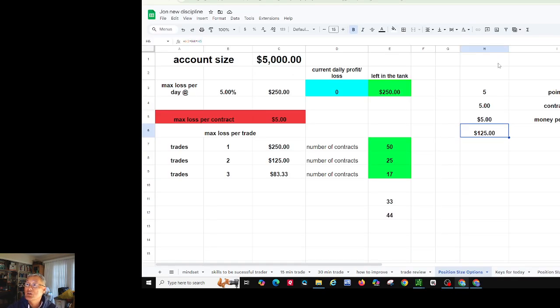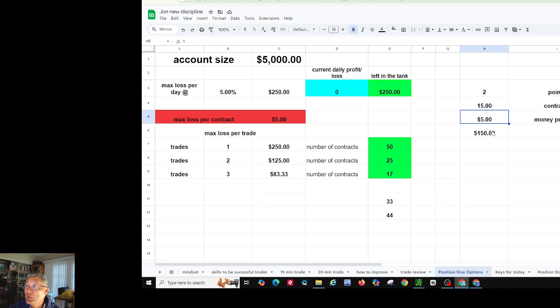So we go back here. It's a 2-point stop, but we're 15 contracts deep. That's going to increase our total risk to $150.